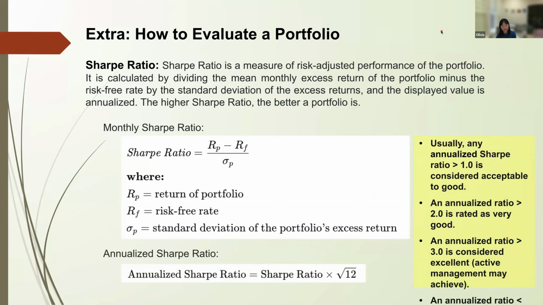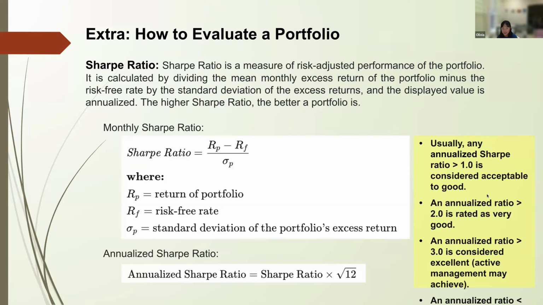Again, you don't have to calculate this, but to compare, usually any annualized Sharpe ratio greater than 1 is considered acceptable to good. The higher the Sharpe ratio, the better it is. An annualized ratio greater than 2 is rated as very good, and greater than 3 is considered excellent, super good.